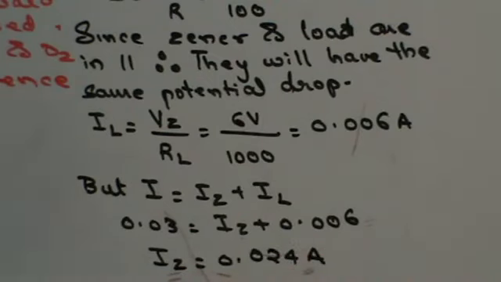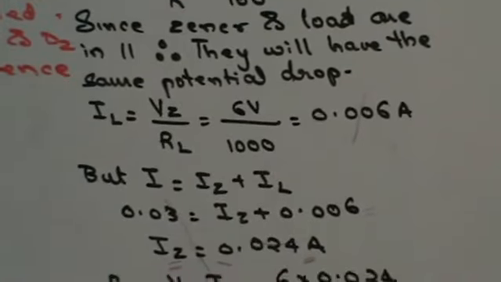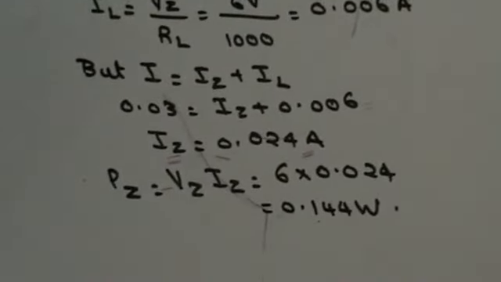Once I know the current, then I can find out the power in the Zener. Power dissipated by Zener is potential difference into current. Potential difference is 6. Current is 0.024. So this is going to be 0.144 watts. That will be the power that will be dissipated by the Zener.